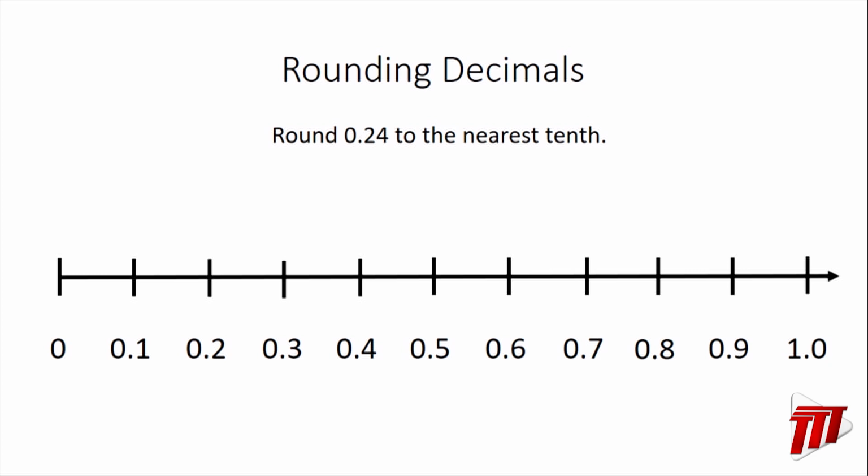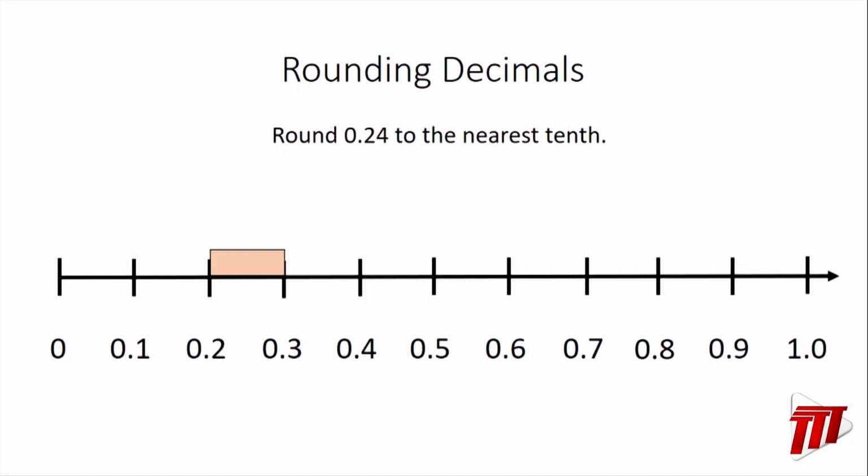To show hundredths, remember that each 1/10 can be divided into 10 equal parts to represent hundredths, because 10 hundredths make 1/10. So 24 hundredths is going to be located between 2/10 and 3/10.